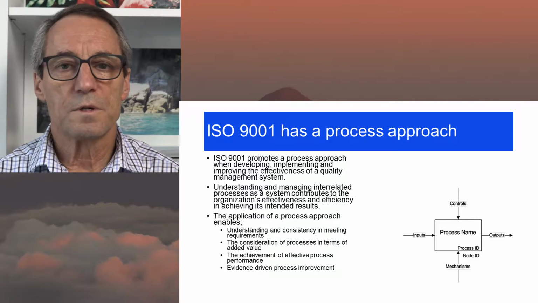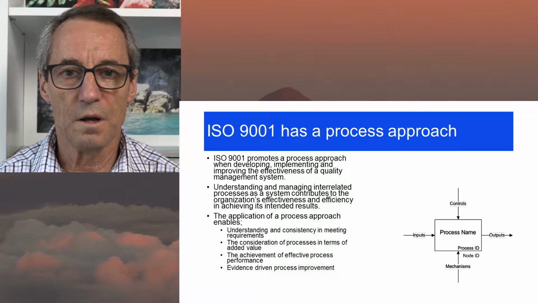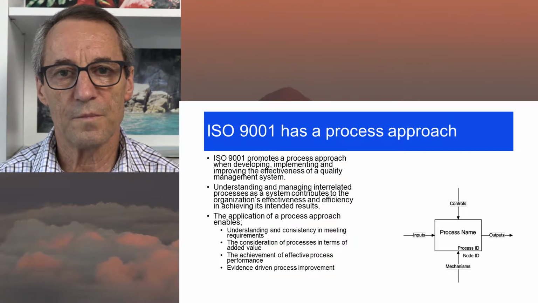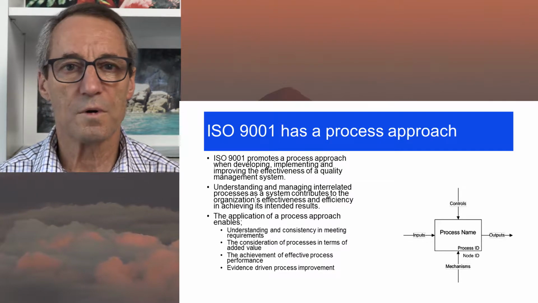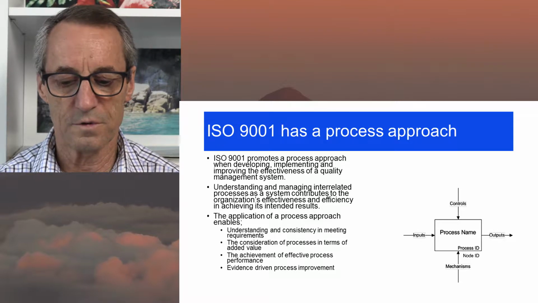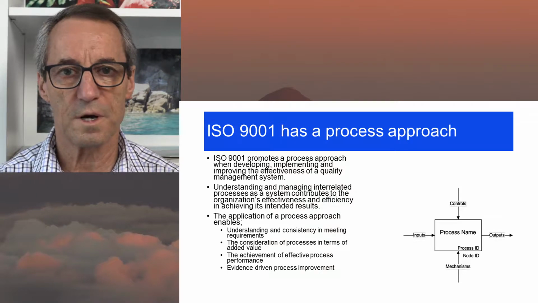Now, process approach. We have a lot of history with the process approach. It goes back a long way, probably more than 100 years, from the time, I think it was Adam Smith who first described job specialization with pin making, and found that you could become much more productive if people specialized in their task.